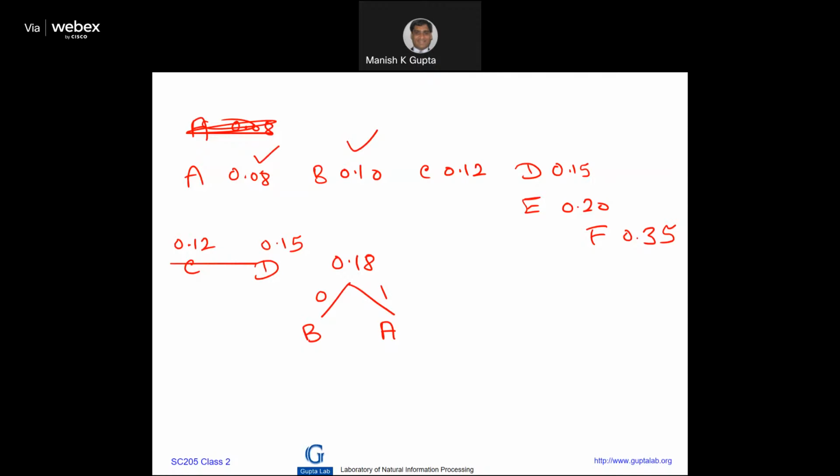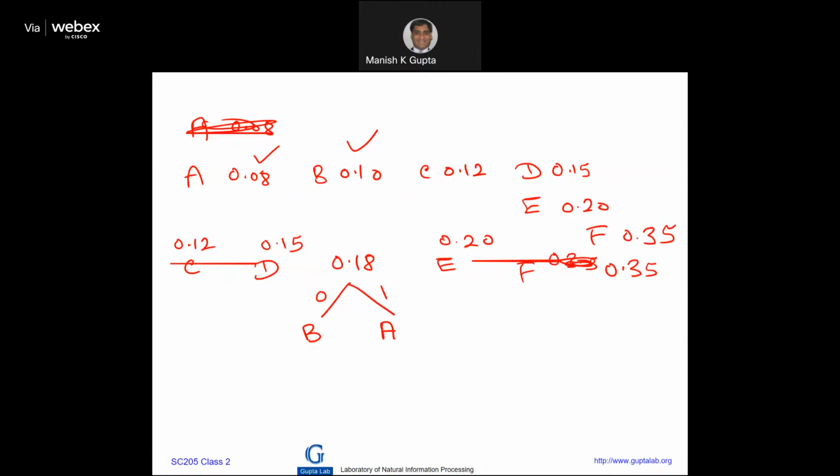And then we have E, which is 0.20, and F, which is 0.35. So what we have done in this initial step 1 is look at the lowest frequencies, combine them, and form a tree such that the sum of these frequencies, 0.18, is at the top.